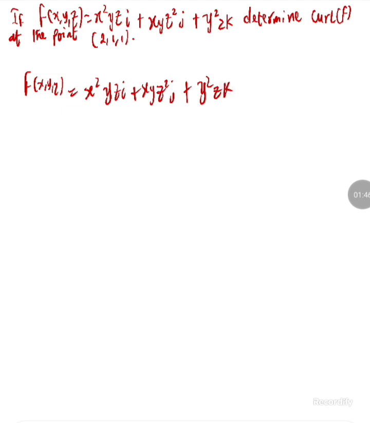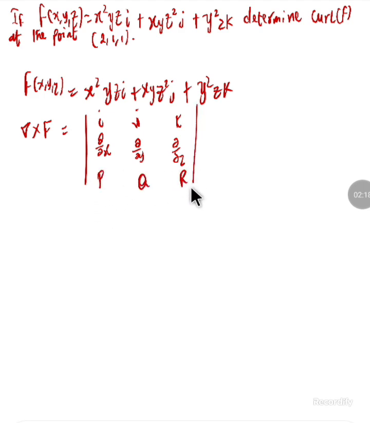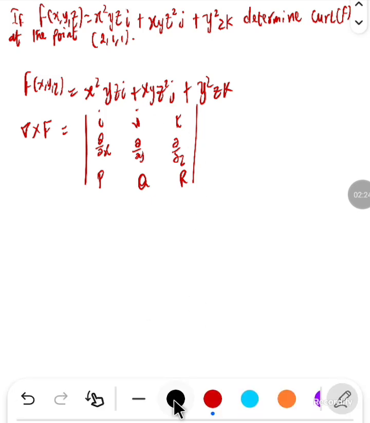Now the first thing, if you want to find the curl of a vector field, we have the curl of F, which is equal to, in matrix form, i, j, k, then d/dx, d/dy, d/dz, and then P, Q, R. In this case, what is my P?